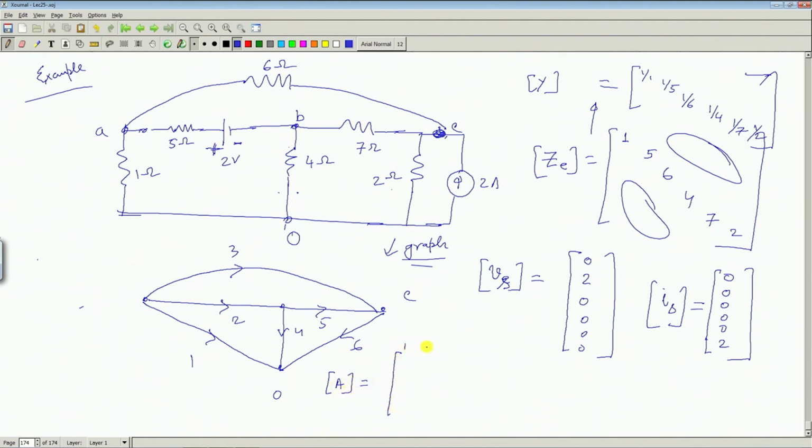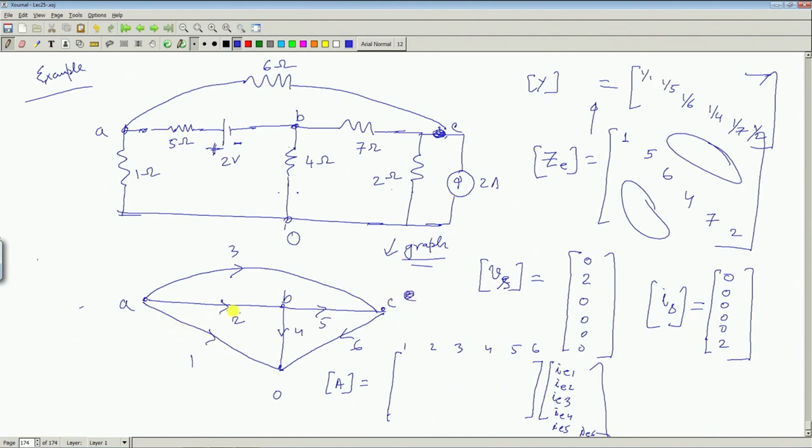So, 1, 2, 3, 4, 5, 6, and here this is the column matrix I1, I2, I3, I4, I5, I6. These are the 6 elements, and here this is junction A, B, C nodes.